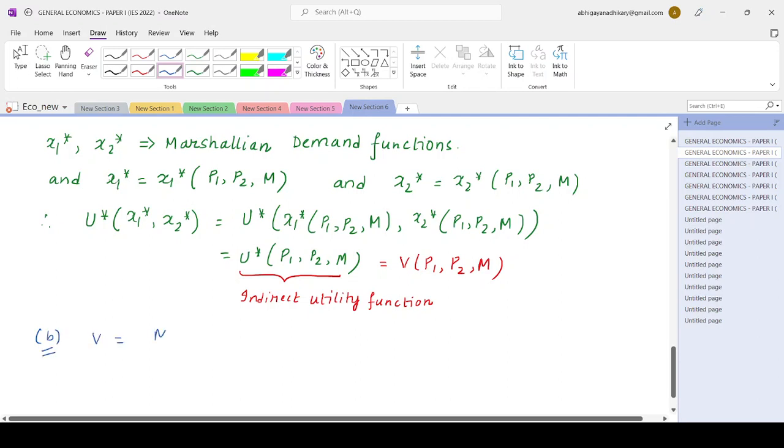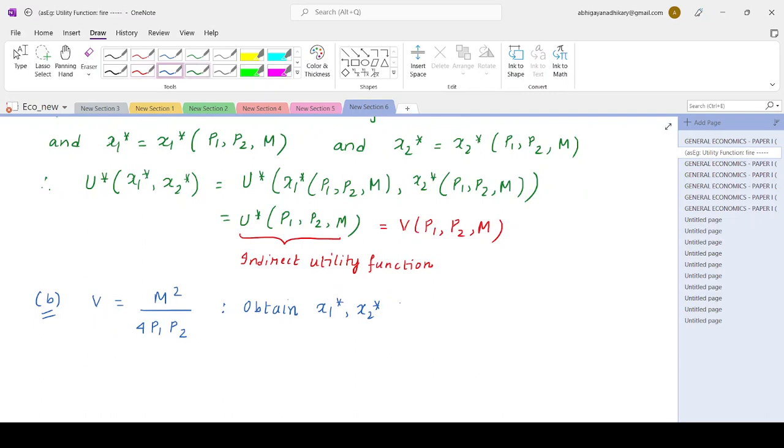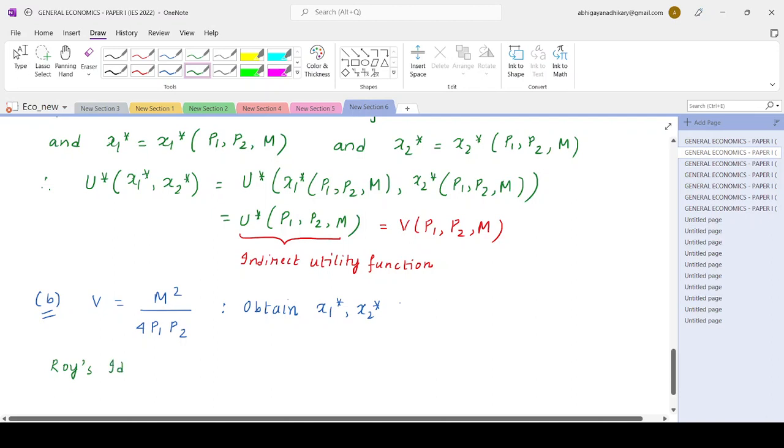V is given to be m square divided by 4 times p1 p2, and by demand functions we mean x1 star and x2 star. This is what we need to obtain. For obtaining that, we need to use what we call Roy's identity. What does it say? Let's say I define it for good one, that means the Marshallian demand for good one.